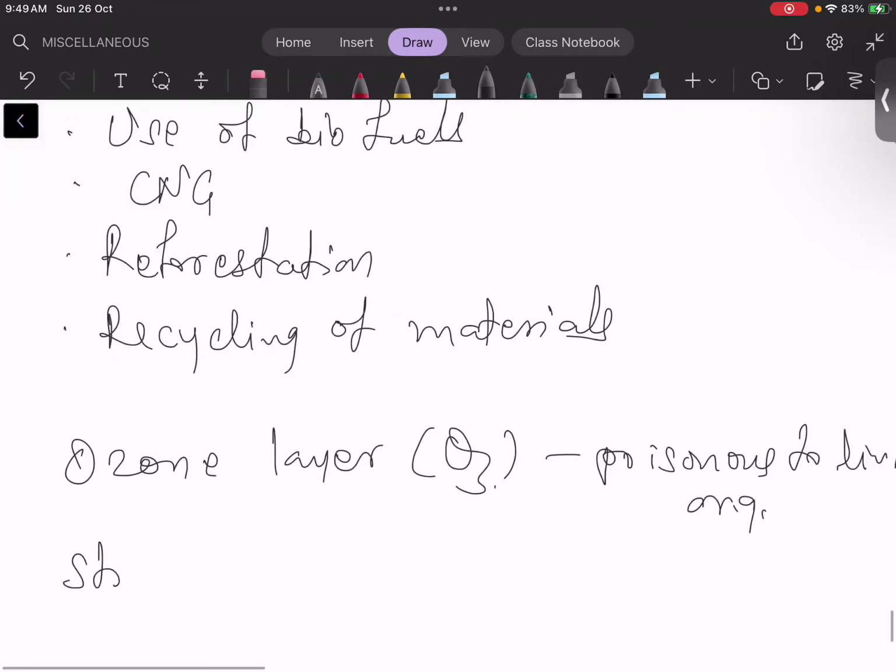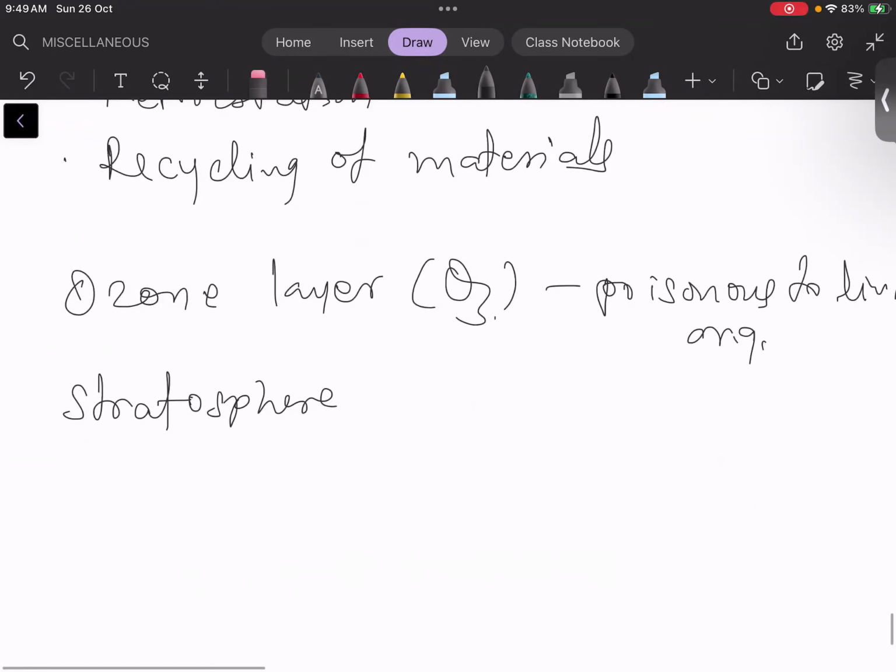Ozone is present in the stratosphere, in very small quantity in the atmosphere, but at a height of 16 to 25 kilometers from Earth, the concentration of ozone is maximum. At normal temperature and pressure, the thickness of the ozone layer is around 3 millimeters. The part of the atmosphere which contains ozone is called the ozone layer or ozonosphere.